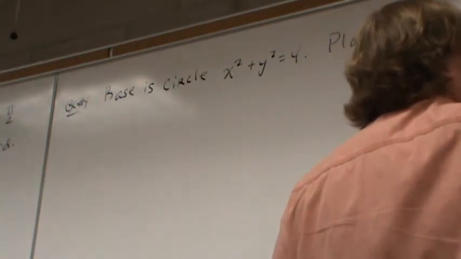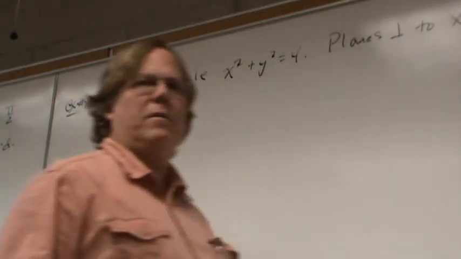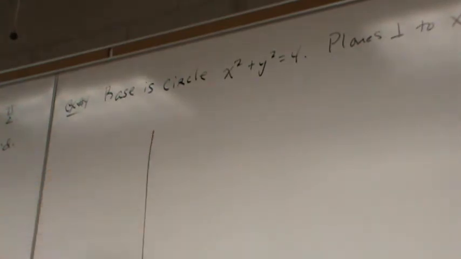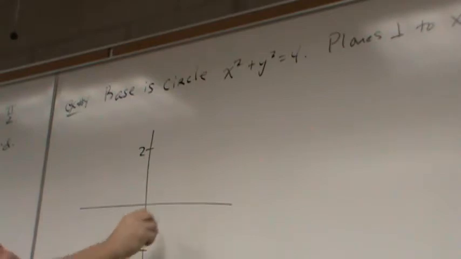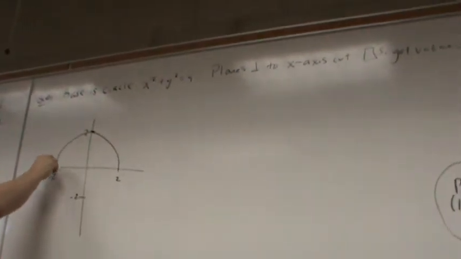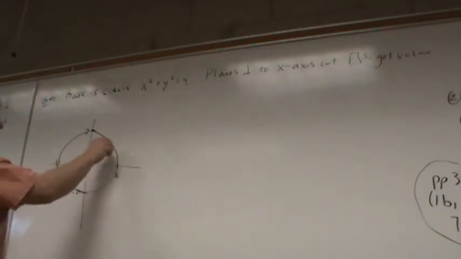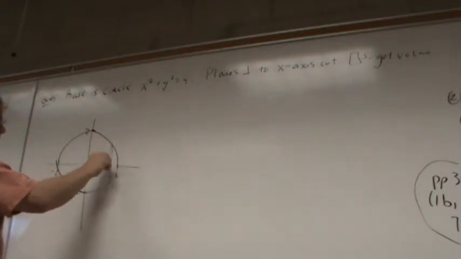Get the volume. Okay. So what's happening now is my base is going to be the circle with radius 2. There we go. Perfect, beautiful circle. And then make your squares and go for it. And let's see what you guys get.